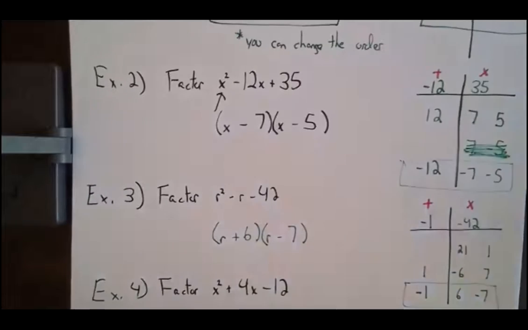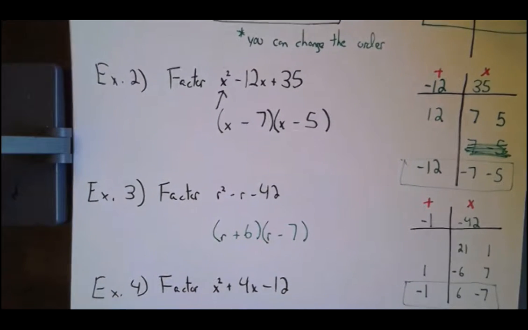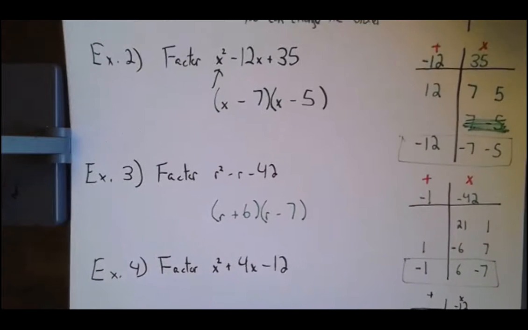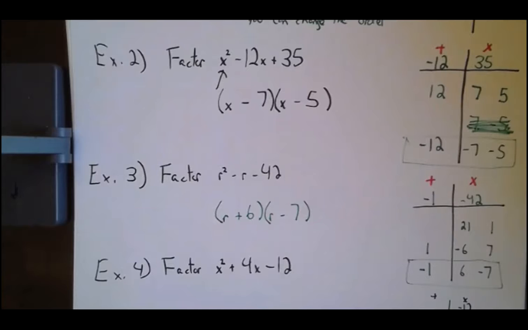Kayla, I'm going to bring you on so that you can ask out loud, okay? Okay, Kayla, you're on. Hey, I got confused with example 2 because you see how you put -7 and -5, and then it came out to -12. Now the other ones that you did, you only did one of them.